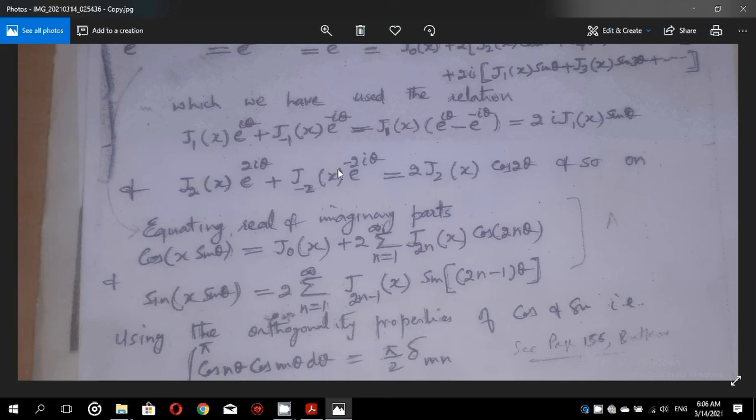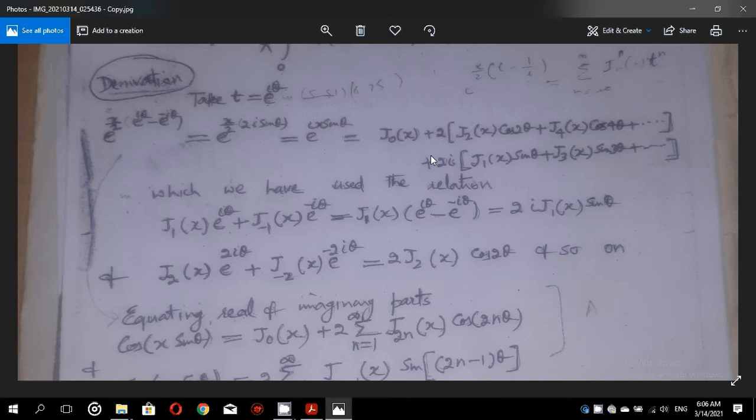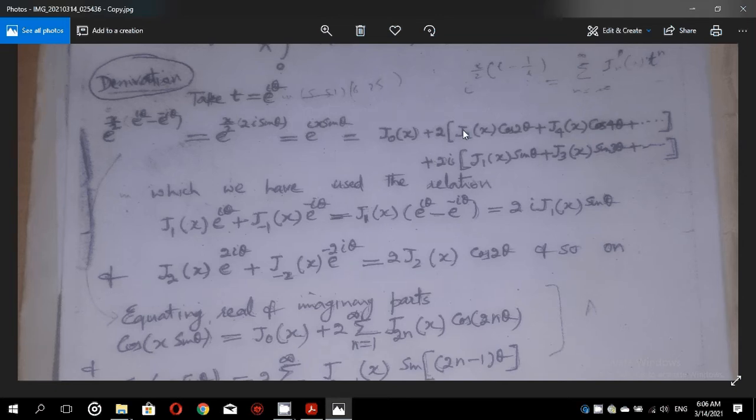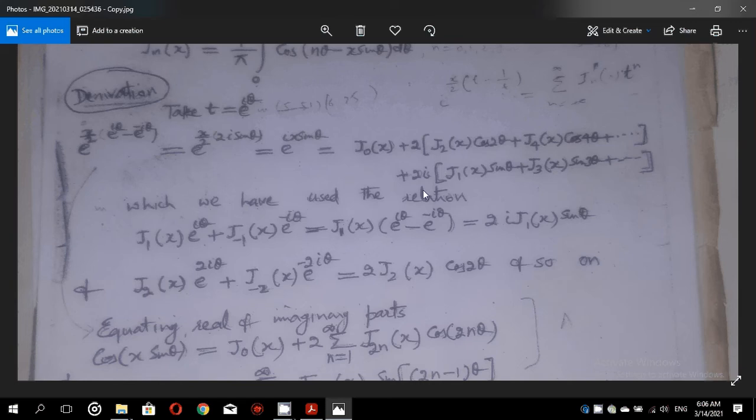So this is how we have grouped the even indexed Bessel's functions in this term and the odd indexed Bessel functions in this term.